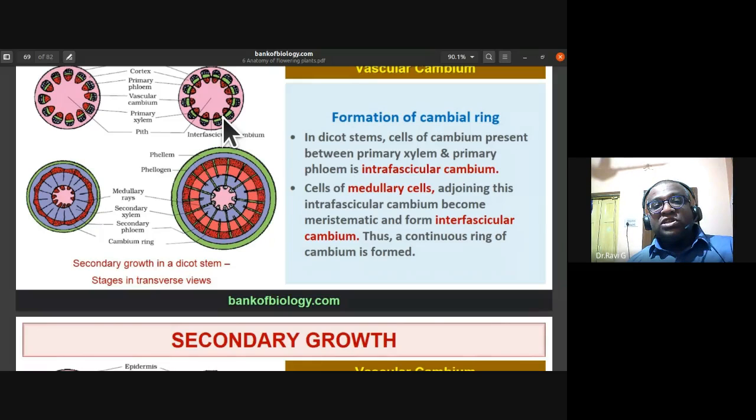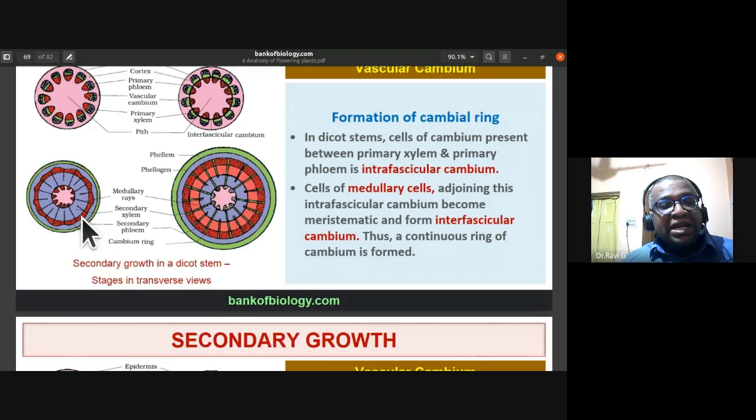After that, there is formation of secondary xylem and secondary phloem. You can see the secondary xylem is formed, and the pink colored ones are the secondary phloem.